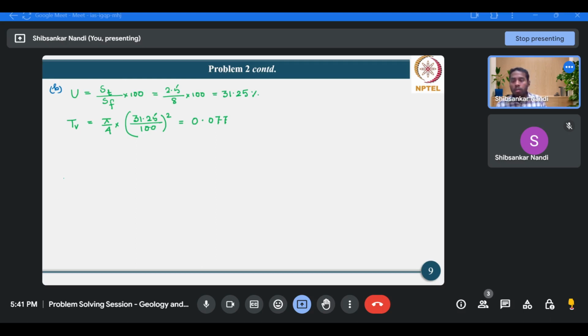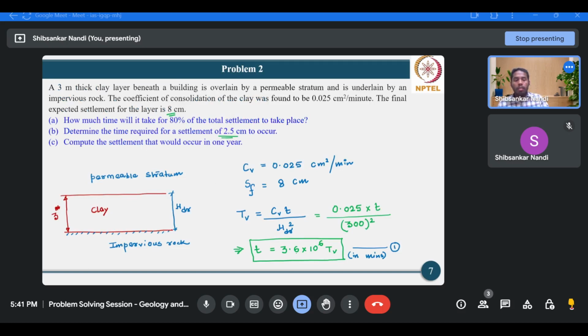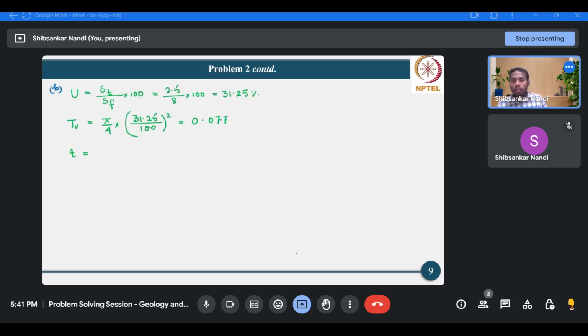Now, the required time would be 3.6 into 10 to the power 6 times TV. So 3.6 into 10 to the power 6 times 0.077. Again, this is from equation 1. Okay, this is in minutes.